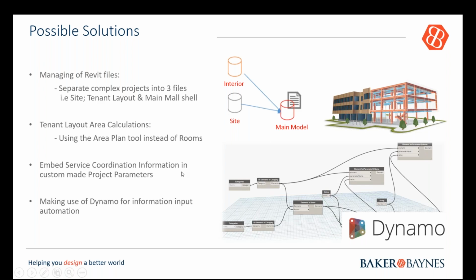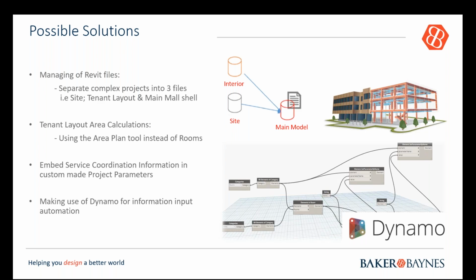We even looked at what happens when you have service coordination that needs to go into these different tenant layouts. How do we manage the information of what services we are still waiting for, and what has already been submitted and approved and okay and ready to go?